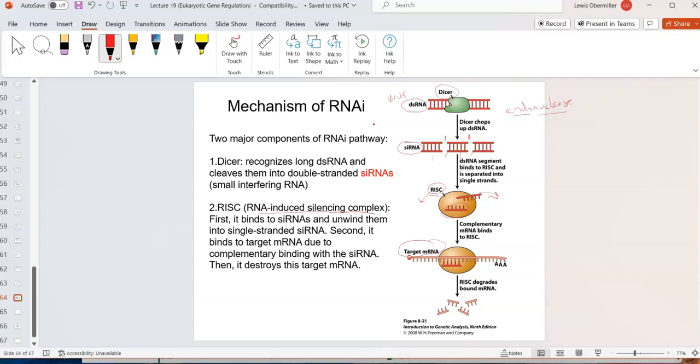When it finds them, it binds to them, and it has an endonuclease in itself, so it will start chopping up the RNAs. Any RNA that matches this, it chops up. So in our example, if this is the RNA for purple pigment and it's chopped up, then we would get no purple pigment. So it would go to default, which in this petunia's case is white.